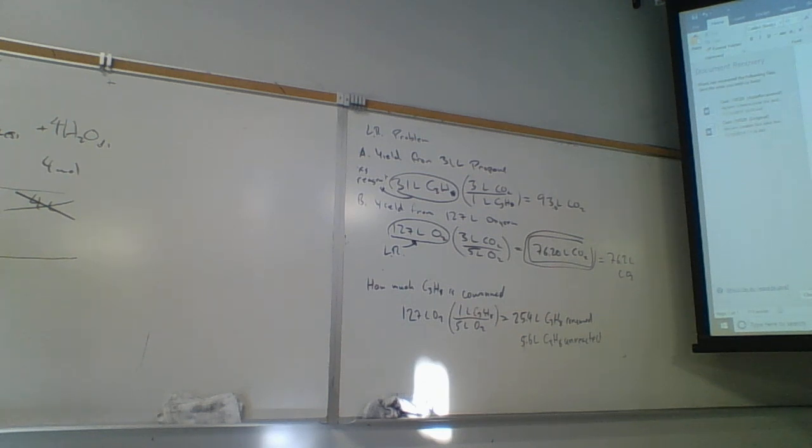But if I do it in terms of atmospheres, then I could do the same thing. I'd have 1 atmosphere of propane, 5 atmospheres of O2, 3 atmospheres of CO2, and water is not a gas. But the difference here is the volume. I'd have to do this in 1 single container. And that 1 single container will start off with a total pressure of 6 atmospheres.